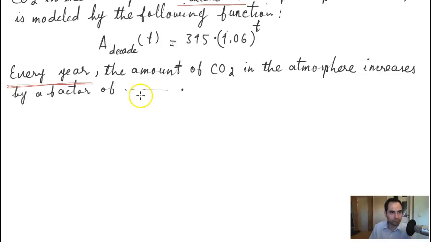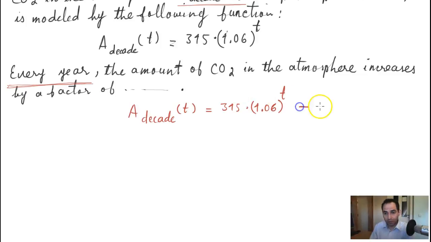My function is A of decade of t, so t here as an input must be in decades, is equal to 315 times 1.06 raised to the power t. Okay, so let's call this equation number 1.